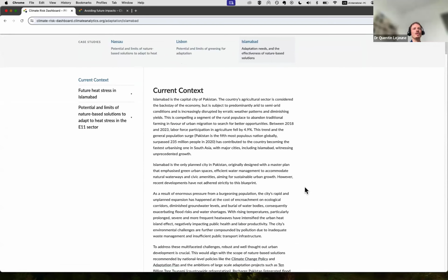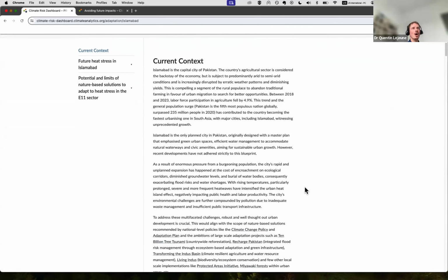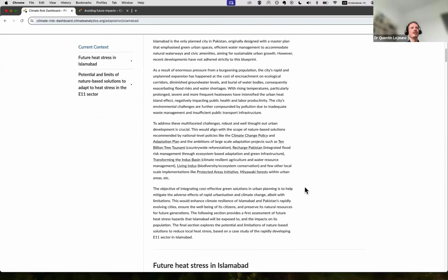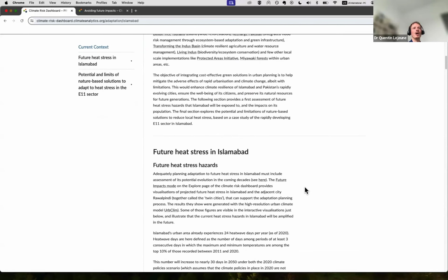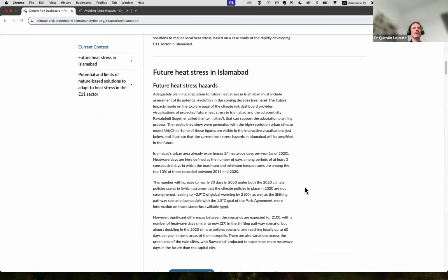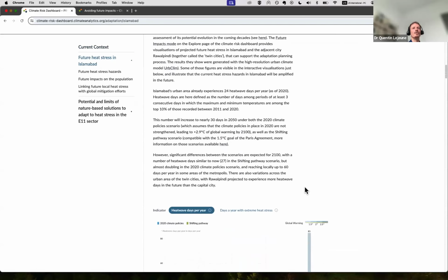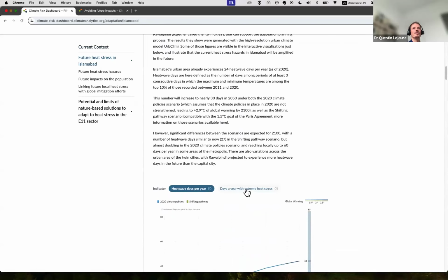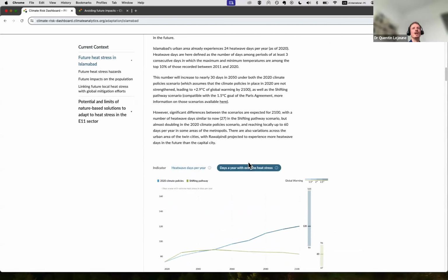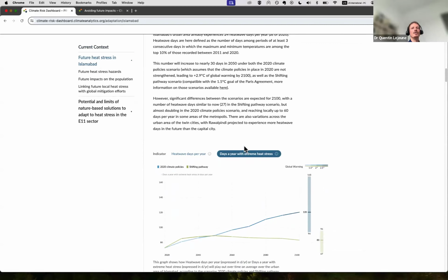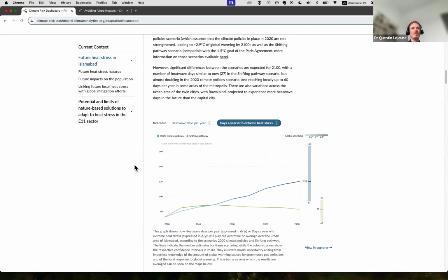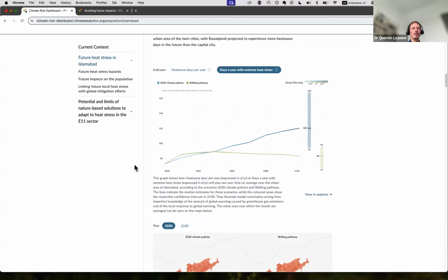Basically, it gives some information on the current context, the current risks posed by climate change already now in Islamabad, but also other socioeconomic challenges such as urban growth and specific vulnerabilities experienced by the people there. Then we can browse through and play with different projections from the climate risk dashboard, which are reproduced here in a simpler way to understand what the risks posed to Islamabad in the future are.